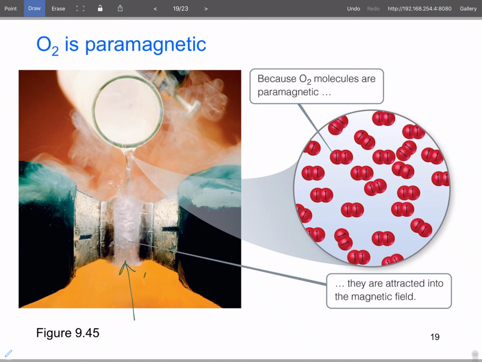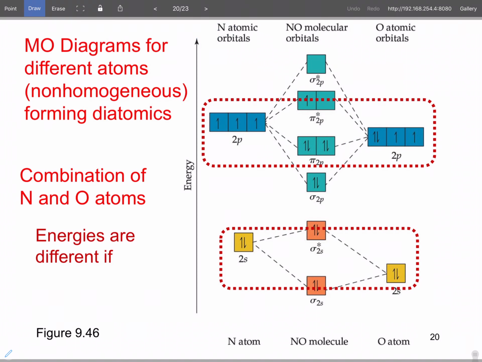Okay, so what molecular orbital theory does is it will explain paramagnetic and diamagnetic molecules, which is different from atoms. So this allows you to explain properties. Now, one of the other things they show you is that if you take combining different atoms, which have slightly different energy levels, then the molecular orbitals are offset as well.